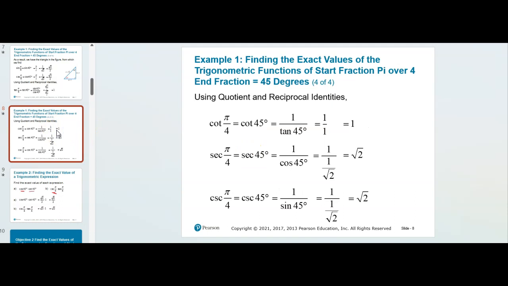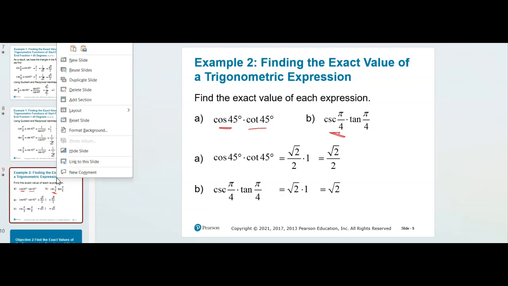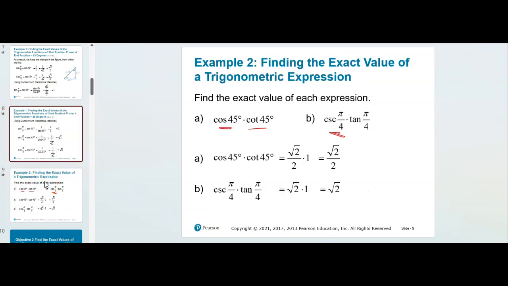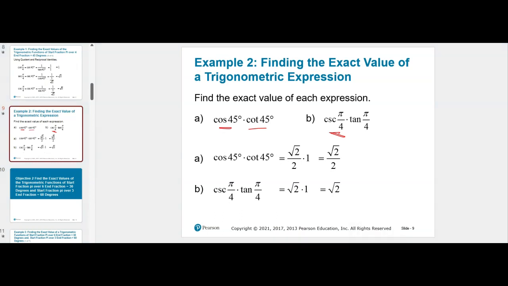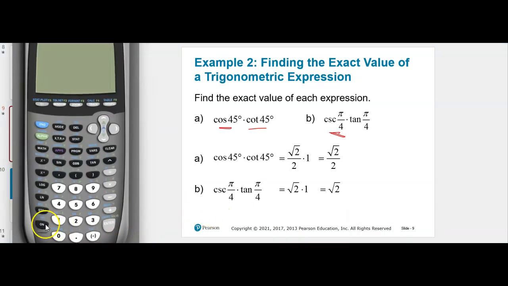Again, you're going to need to memorize a lot of this or be able to derive it. You can derive it, but for time's sake, you're going to want to put a lot of this to memory. Alternatively, I just want you to understand that when you see the square root of 2 over 2, if you type that into the TI calculator, it's going to give you a decimal.